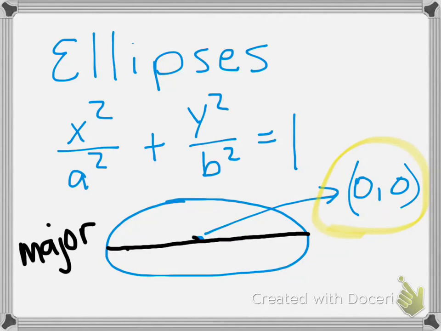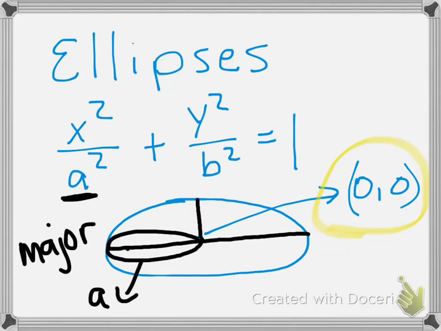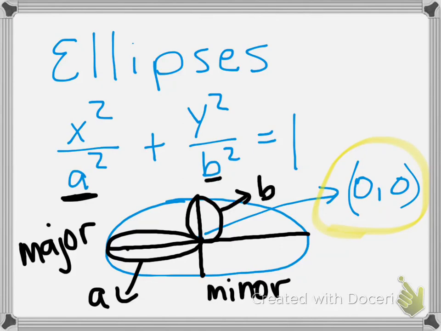And half of that is where you're going to find the length for A, which you're going to see up here in our formula. And the other direction is called the minor axis. And half of that distance is going to be B, which you'll see up here in our formula.